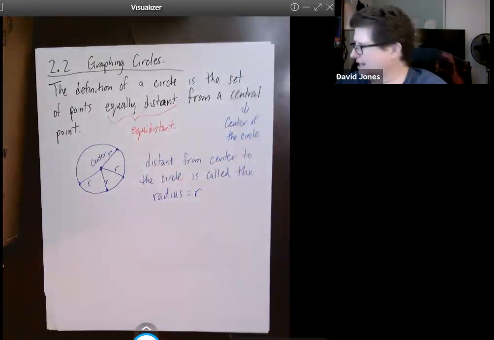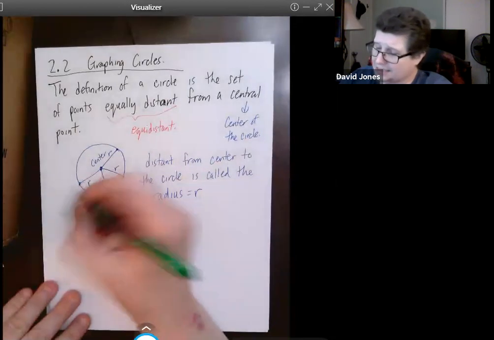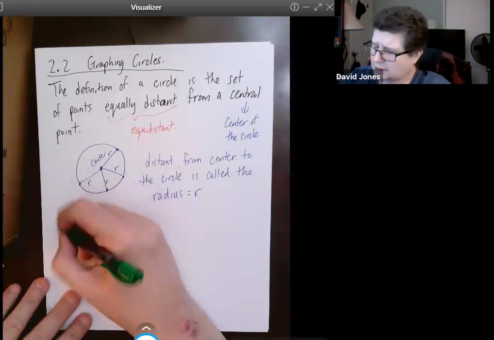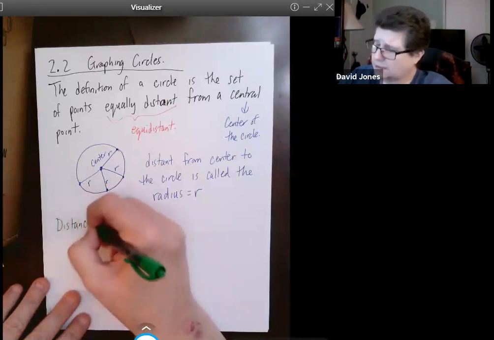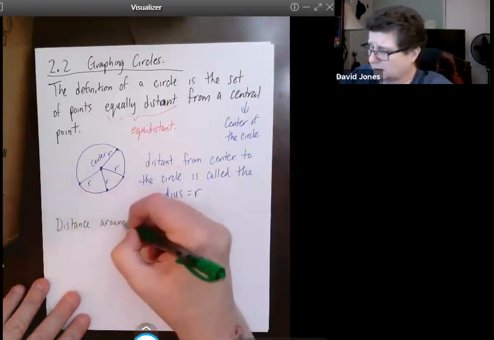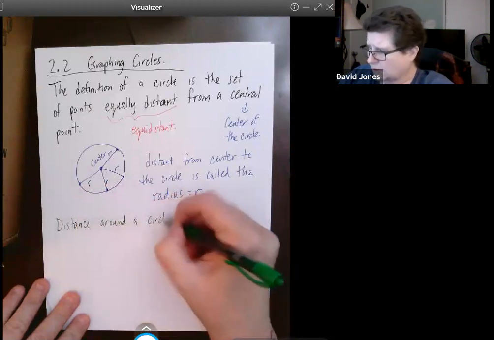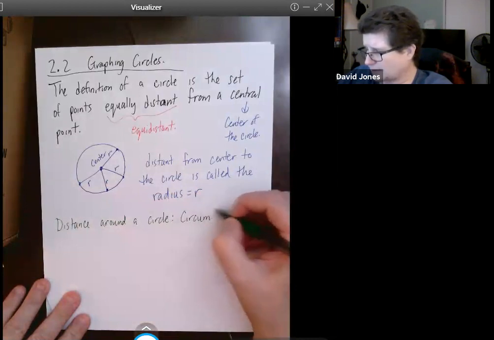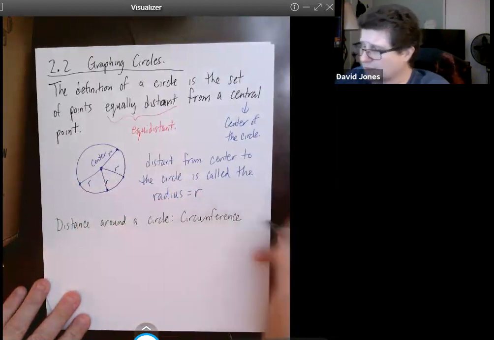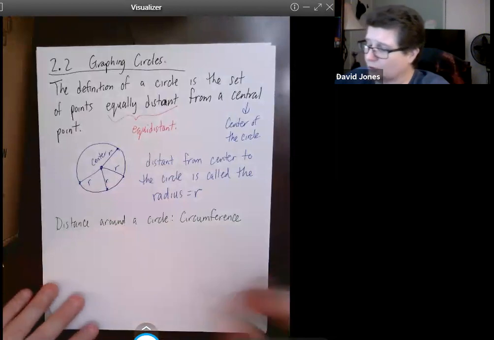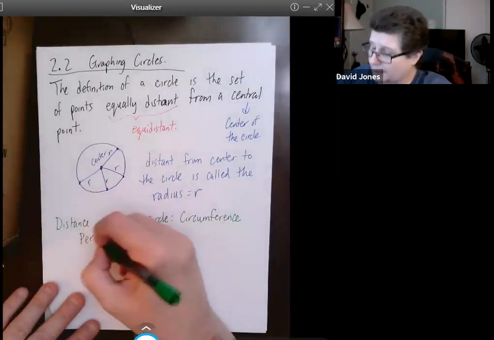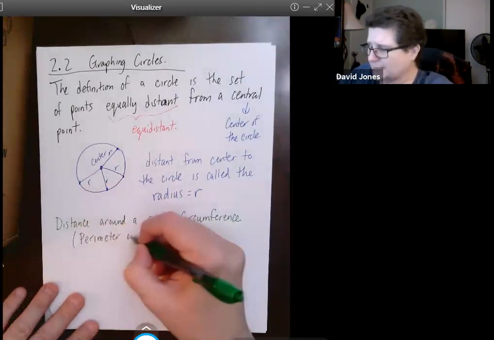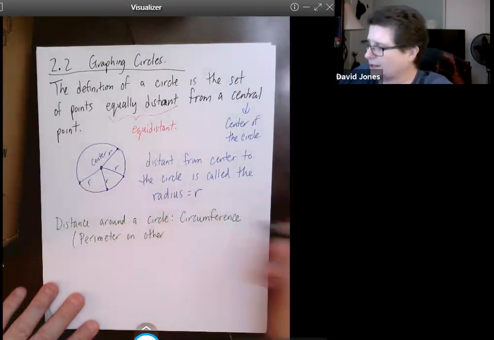Some other fun things about a circle: the distance around a circle we call the circumference. It's the perimeter on other shapes; on a circle, we call it circumference.